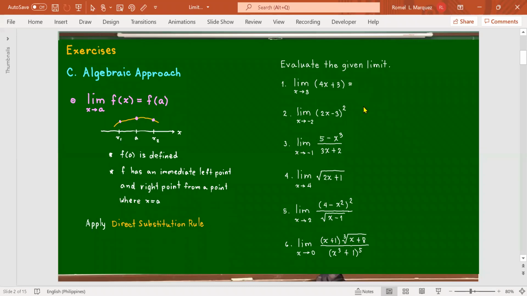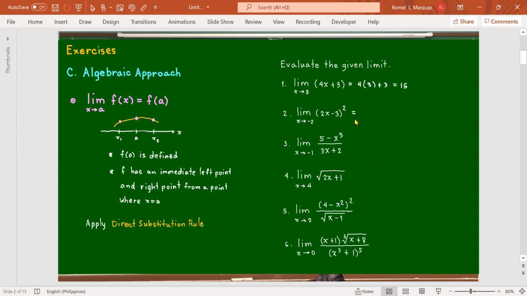So we can apply direct substitution. We just evaluate 4x plus 3 when x is 3. So 4 times 3 plus 3 is equal to 15. Am I right, guys? Yes po, sir. Yes.